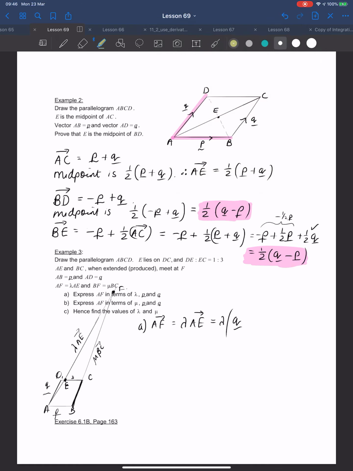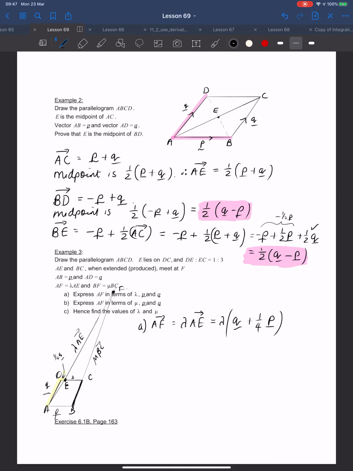To get from A to E, we've got to go A to D and then D to E. And that's a Q, and then it's plus 1/4 of a P. Okay, that's a Q. That little bit of yellow there, that's 1/4 of a P. Okay, and that's what we want.